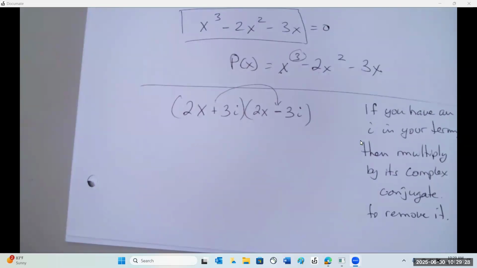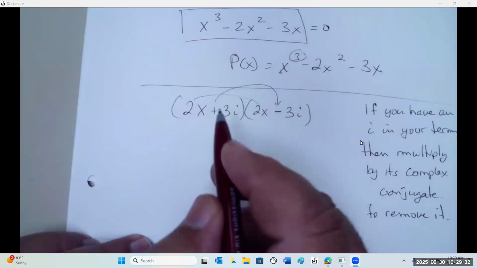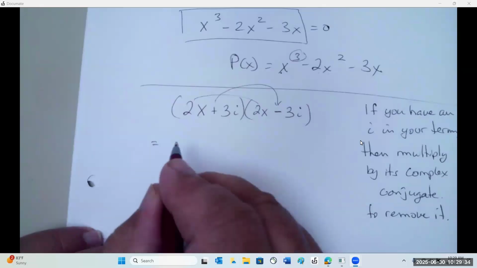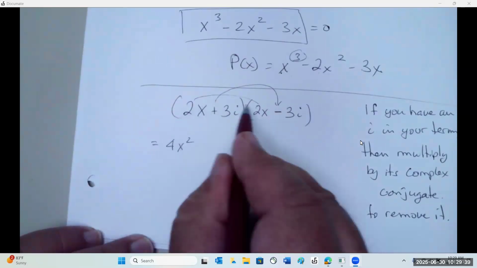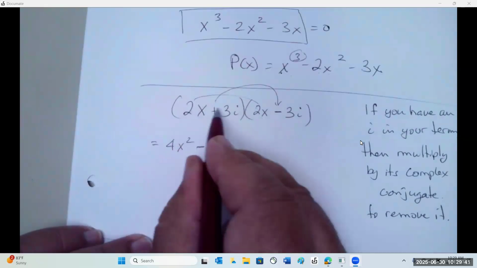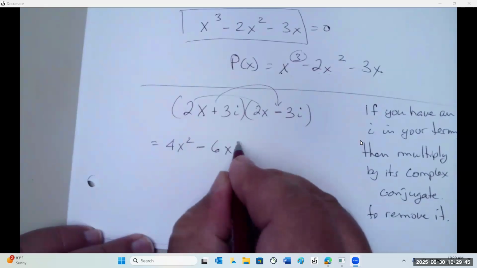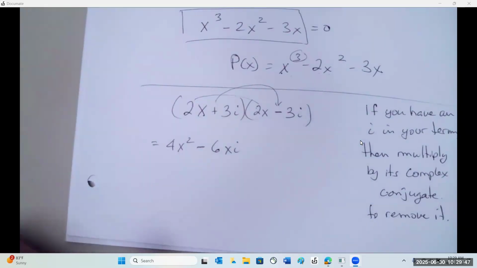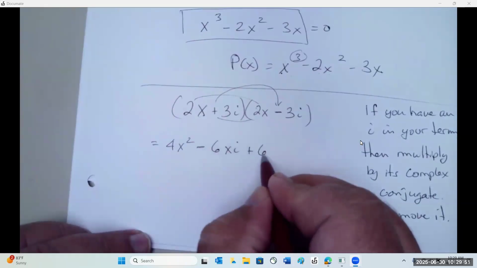Let's see what happens when you do the complex conjugate. 2x times 2x is what? 4x squared. Very good. Positive times negative is negative. 2 times 3 is 6. X times i is xi. Positive times positive is positive. 3 times 2 is 6.